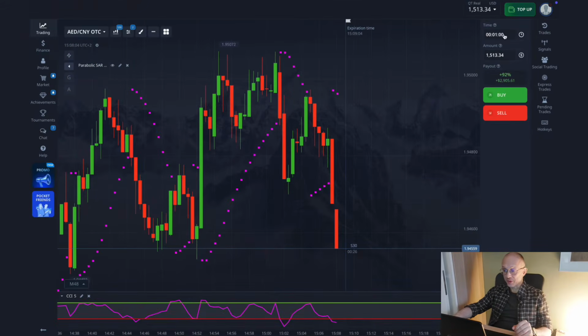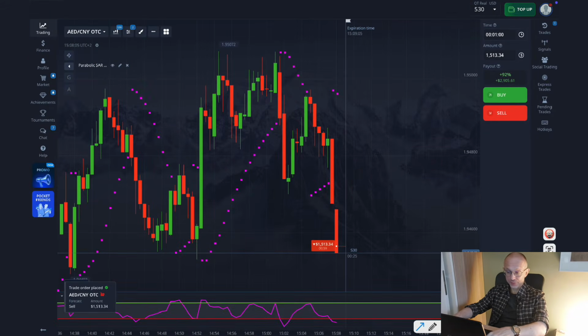I see good movement on the chart. With an expiration of 2 minutes, I'm opening a short trade for $1,513.